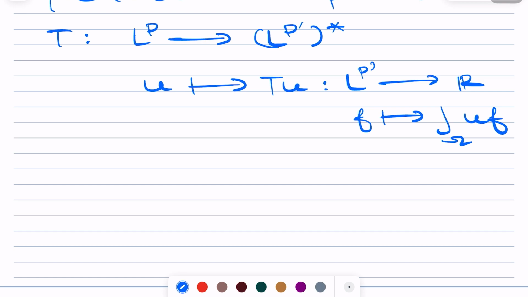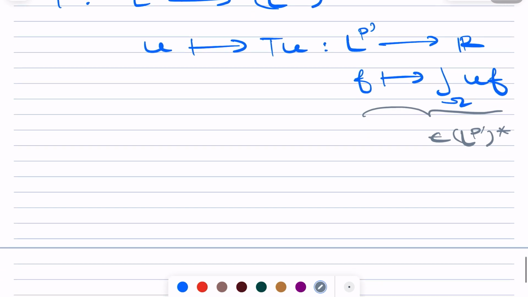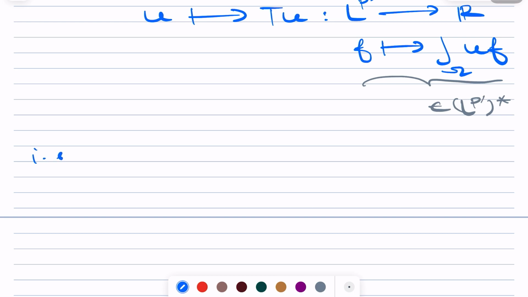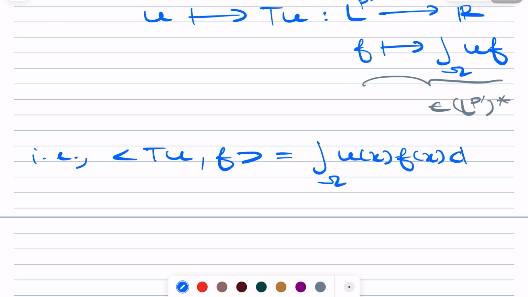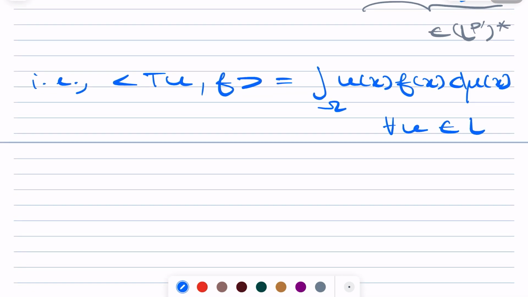You can check that this map is defining a linear bounded operator on LP prime. So this means the dual pairing between Tu and f is defined to be the integral over omega of u(x) f(x) d mu(x), and this for every u in LP.